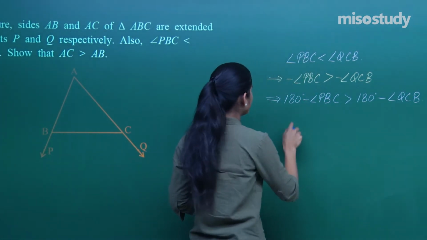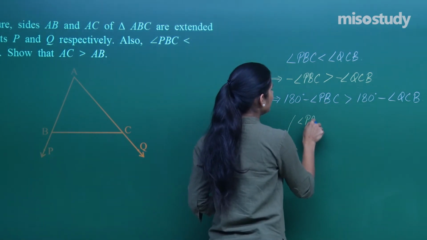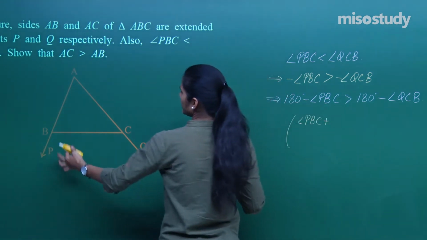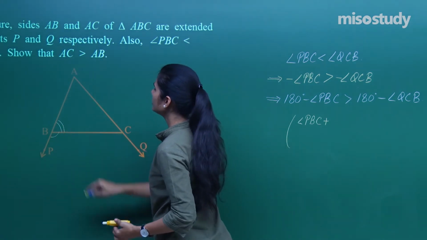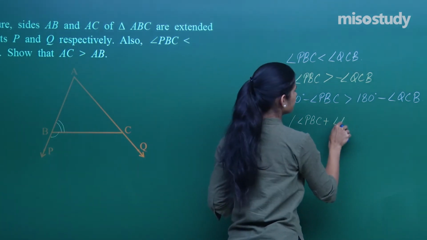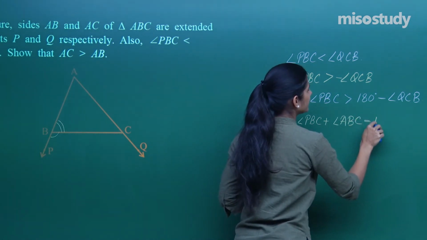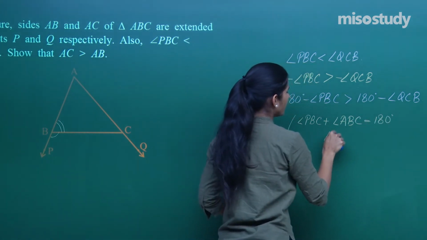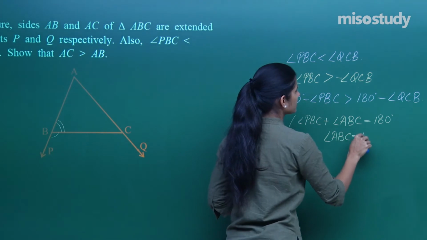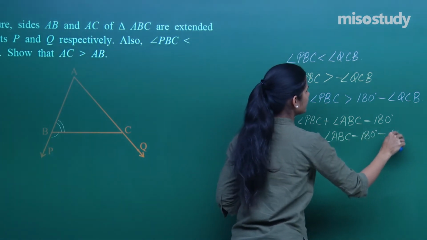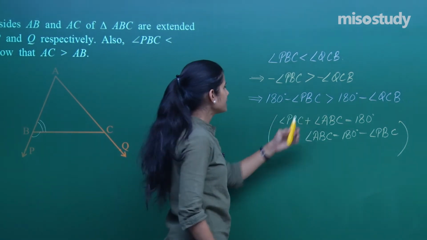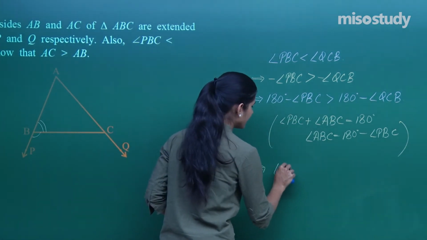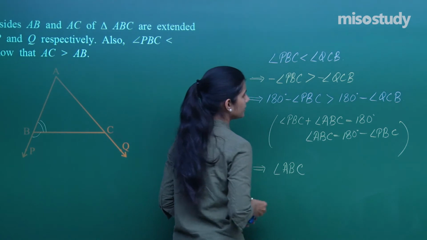Now I know that angle PBC, which is the external angle at B, plus angle ABC is 180. So angle ABC is nothing but 180 minus angle PBC.